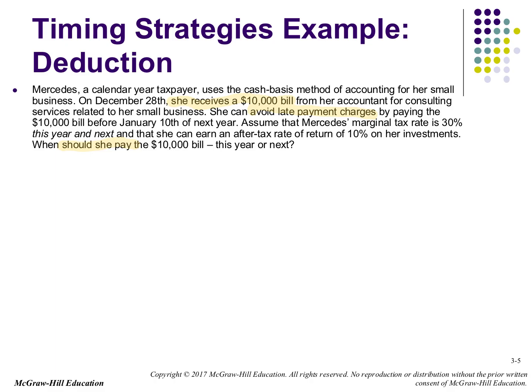So now let's get the information from our fact pattern organized. The main question we are trying to answer is: are we paying this bill this year or next year?